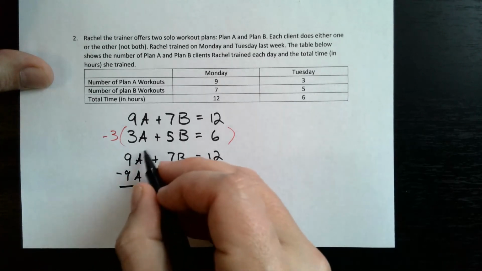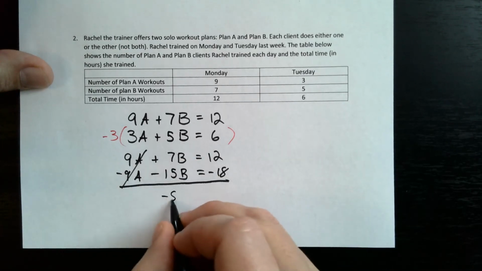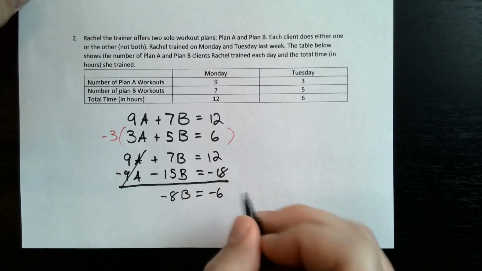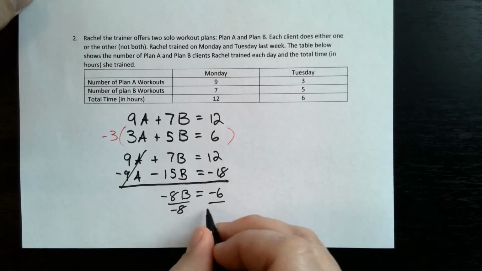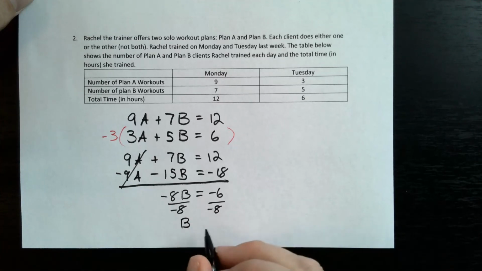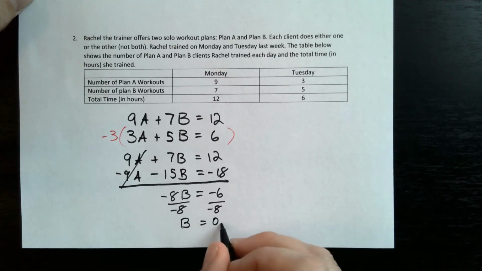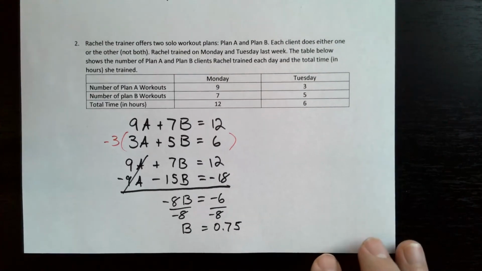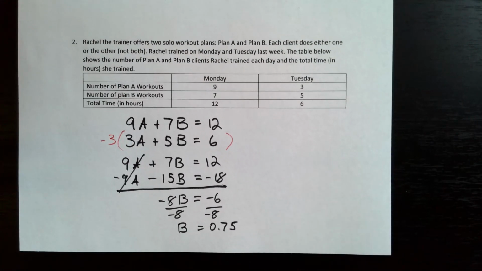Add those down, your A's cancel, and you get -8B equals -6. If you divide by -8 on both sides and reduce, you get B is equal to 0.75, or 3/4 of an hour. So if you did 3/4 of an hour, that would be 45 minutes.